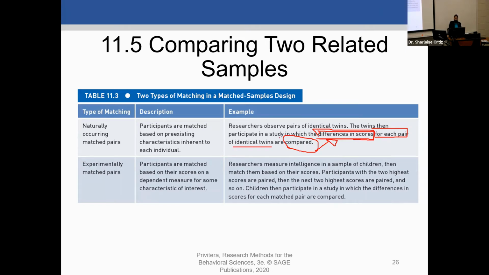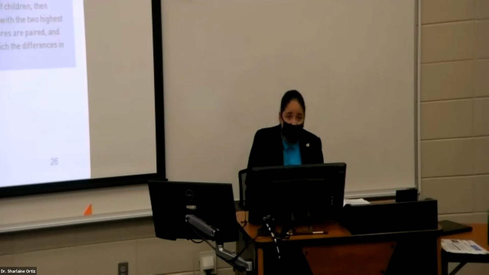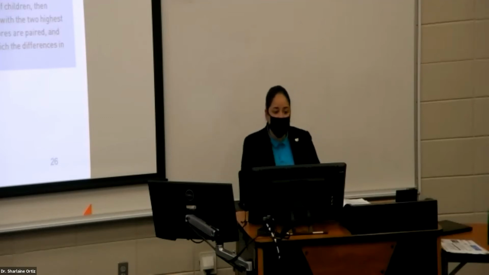Notice that you didn't assign them to be twins. That was a naturally occurring, pre-existing characteristic that was inherited by those individuals. So, any questions on this first type of matching?